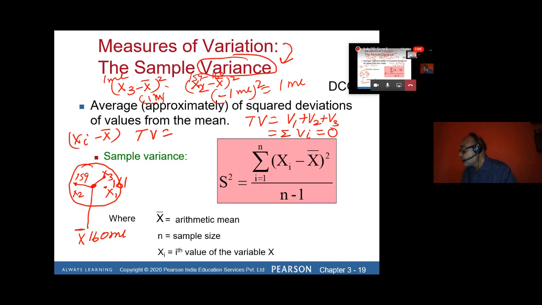So Xi minus X bar whole square is your variance.